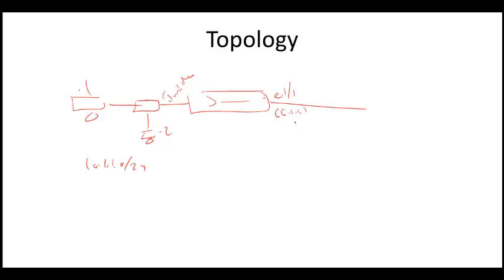Okay, let it be like that. And I got a server whose public IP address is 66.1.1.2. That's the server's public IP address.